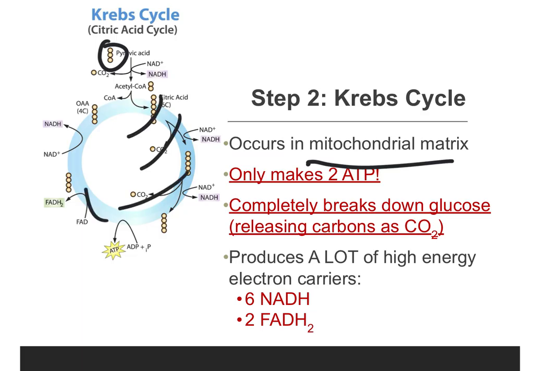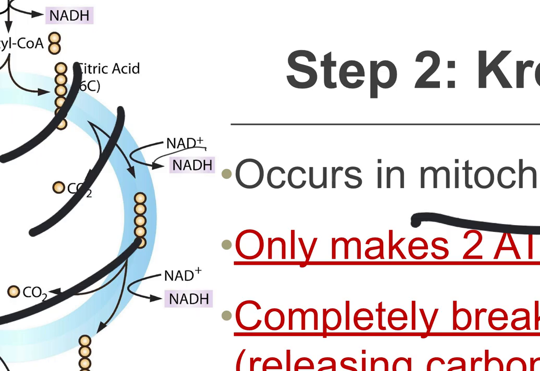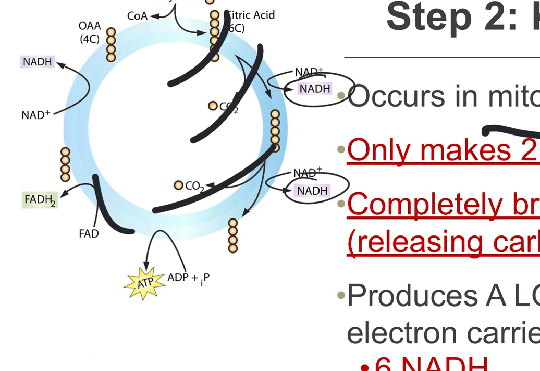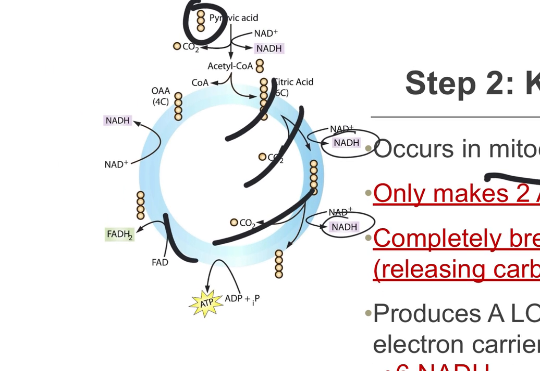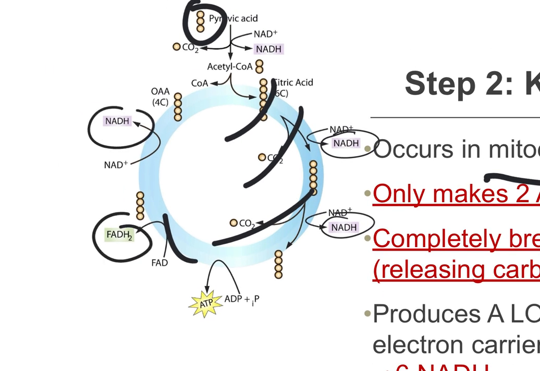At the same time as it's stripping its carbons, take a look, it's powering these high energy electron carriers. And those are going to go to the electron transport chain in just a moment. So essentially, we're stripping the glucose of its energy so it can be processed properly.